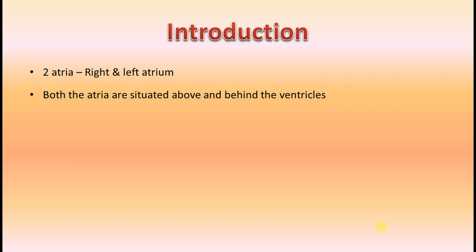That is because of developmental changes during the formation of the cardiac loop. The primitive heart undergoes folding inside the pericardial cavity, and thereby the atria, which were originally below, move upwards and backwards due to the folding of the heart tube.